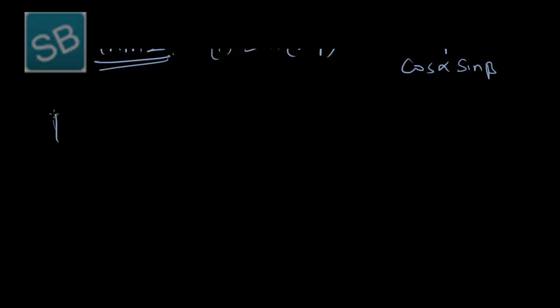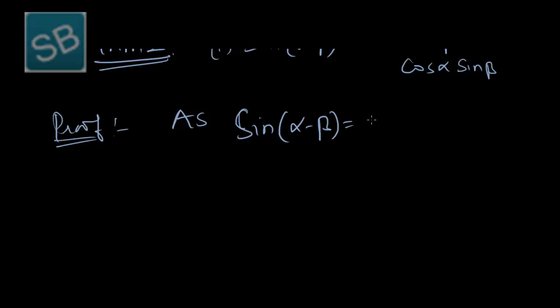As we know, from the corollary or result of using theorem 1, sine of theta is equal to cos of pi by 2 minus theta.